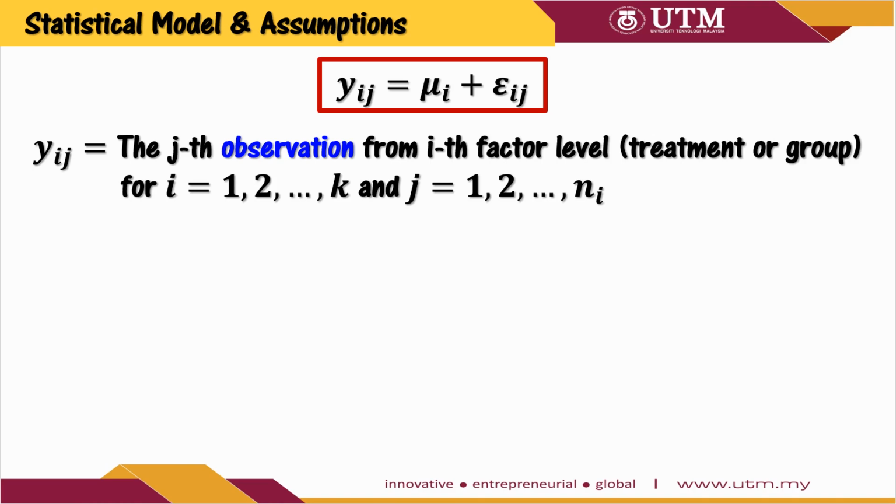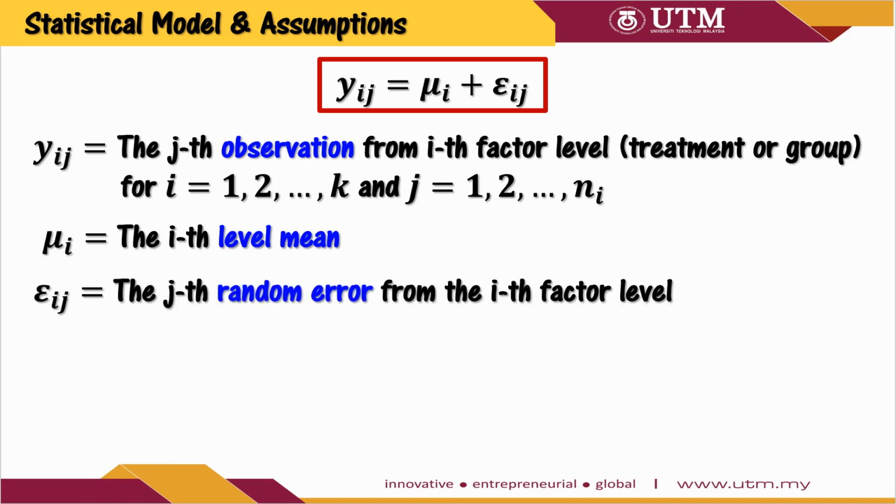The notation mu i is the ith level or group mean, whereas the epsilon ij is the jth random error from the ith factor level.